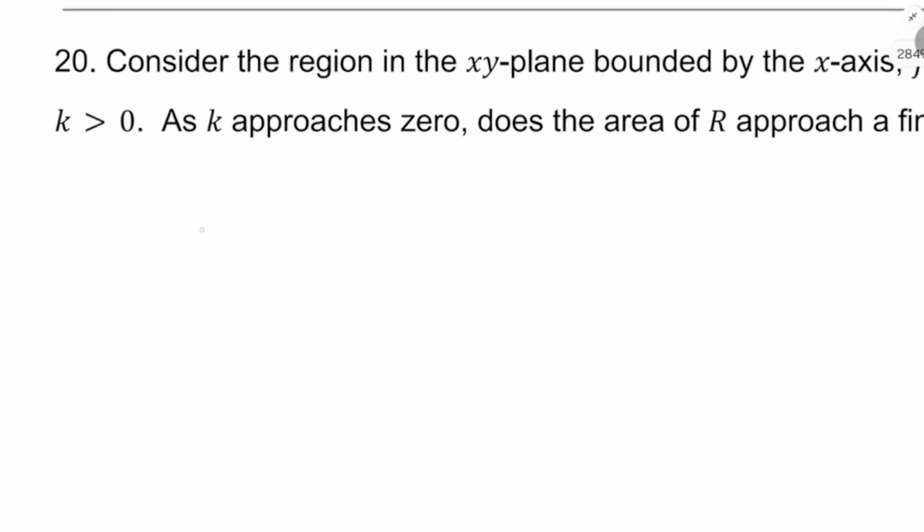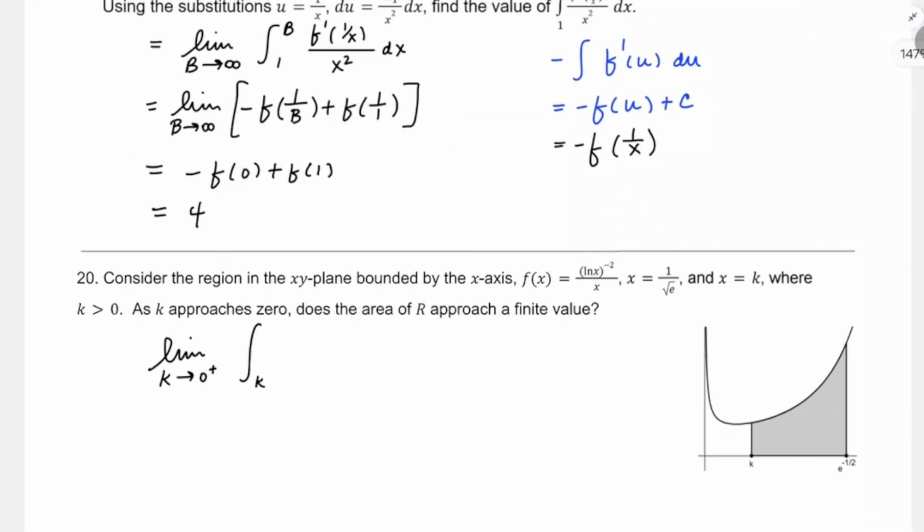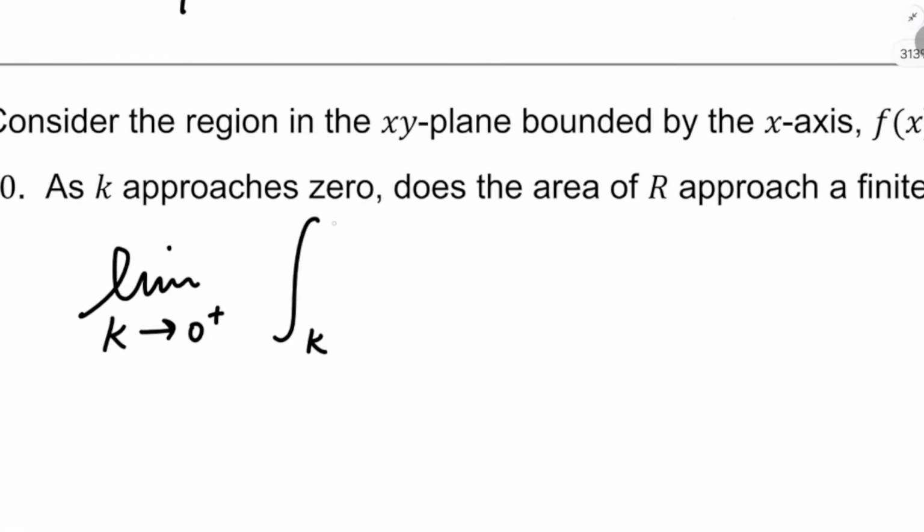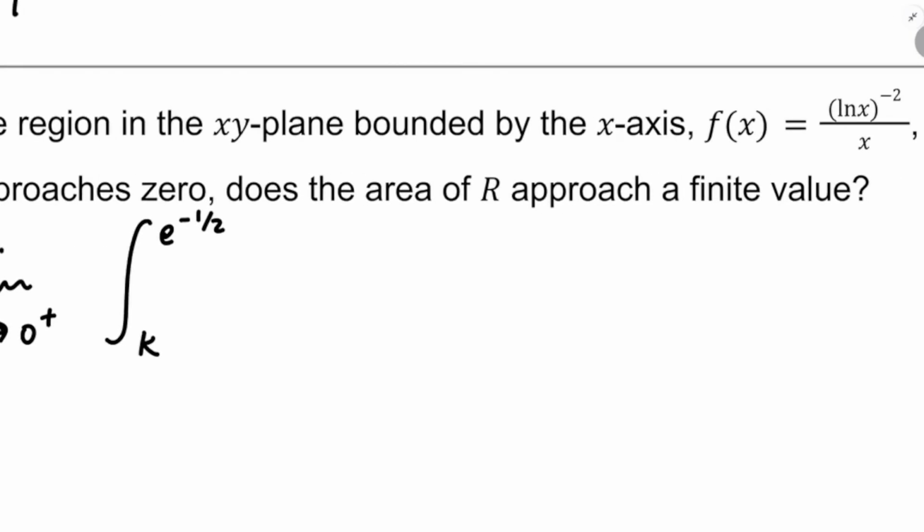So I'm going to look at the limit as k approaches 0 from the positive side, because it said k was greater than 0. So, from k to 1 over the square root of e, I'm going to also call that e to the negative 1/2, of f of x equals log of x to the negative 2 power times x to the negative 1 dx.